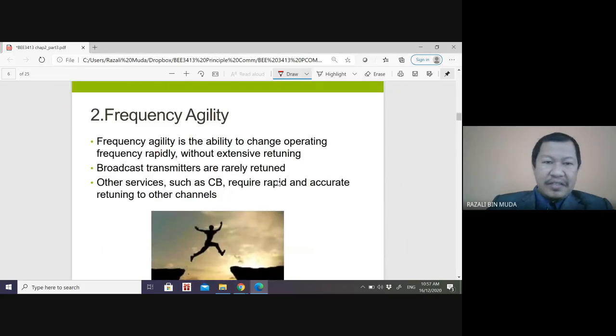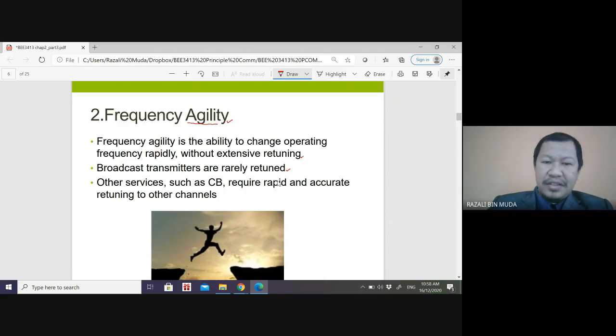Okay, second is frequency agility. Frequency agility is the ability to change operating frequency rapidly without extensive retuning. Okay, what is agility? Agility is ability to change the frequency rapidly without extensive retuning. Broadcast transmitters are rarely retuned.